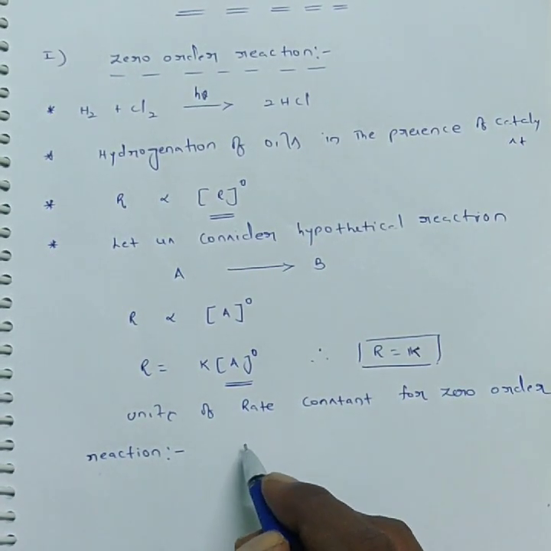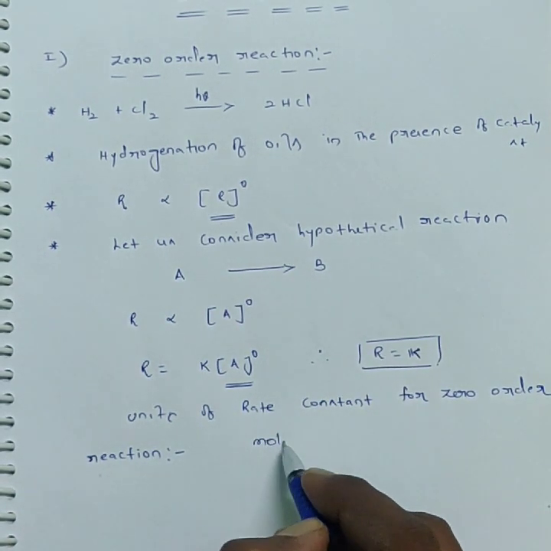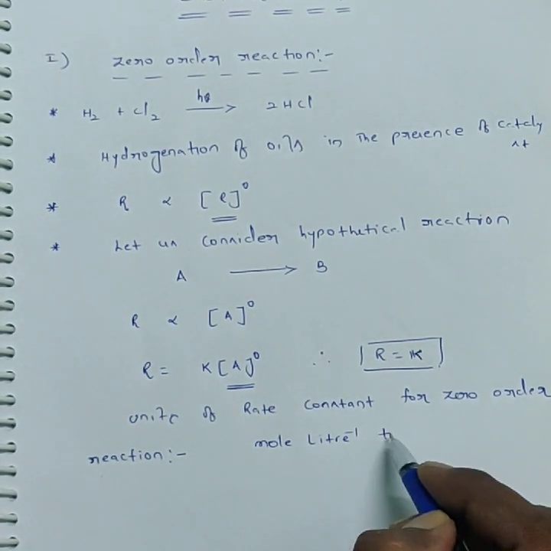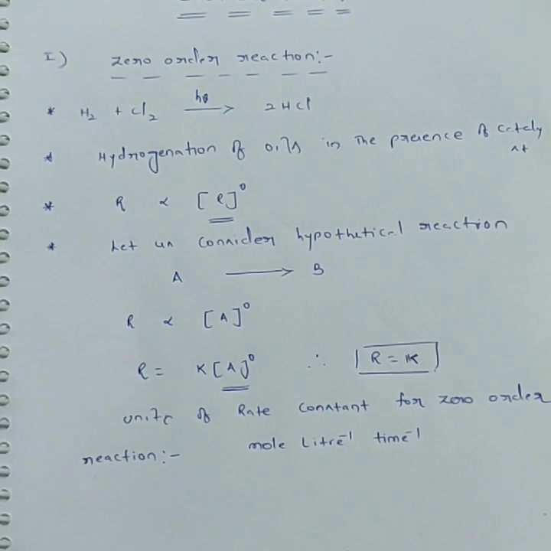Rate is nothing but change in concentration by time. So what are the units of concentration? Moles per liter. By time means time inverse. These are the units of rate constant for zero order reaction.